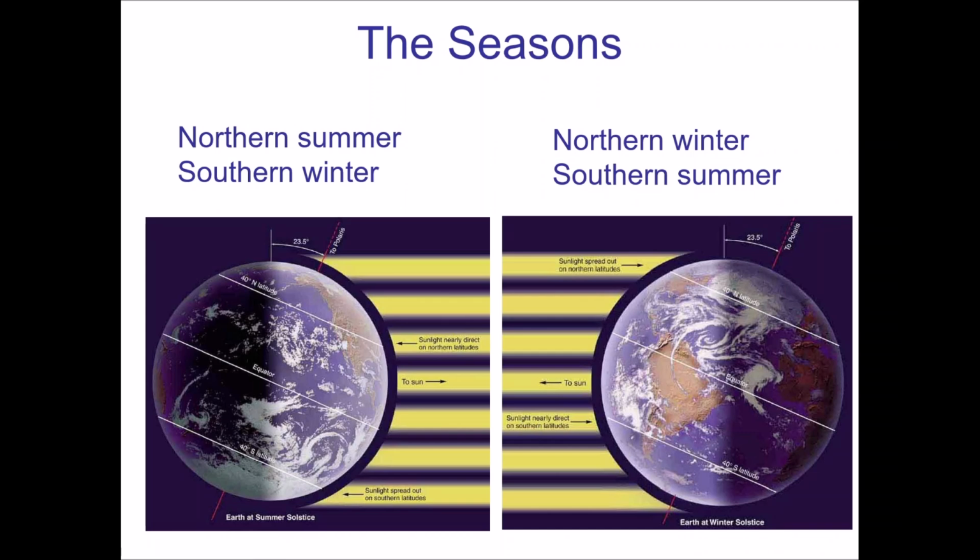But then when the Earth has moved 6 months later, those same latitudes don't get direct sunlight. In fact, you can see the equator here. If you extend that line out, that's the celestial equator. We see that the sun's position in the sky is below the celestial equator, whereas on the picture on the left, it's above the celestial equator.